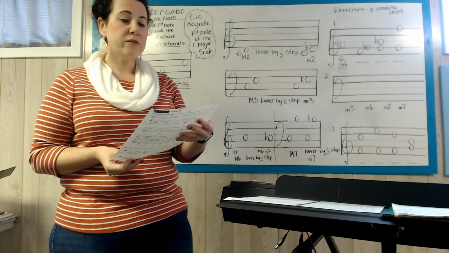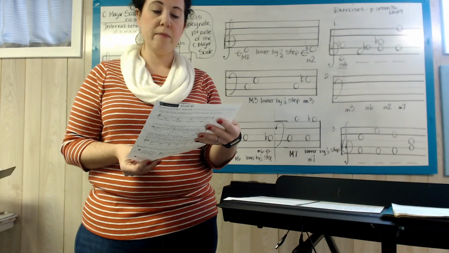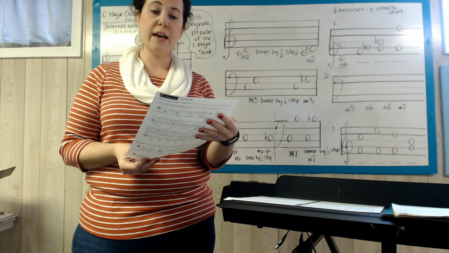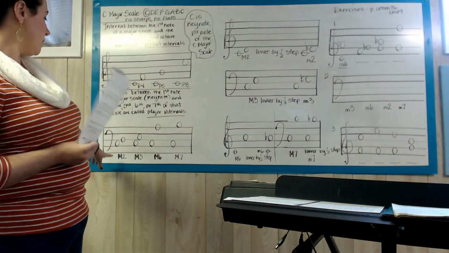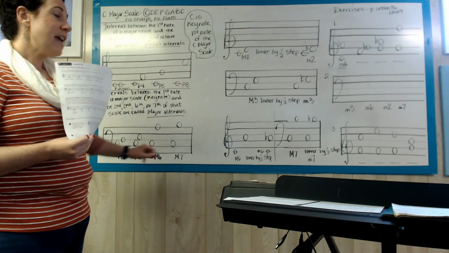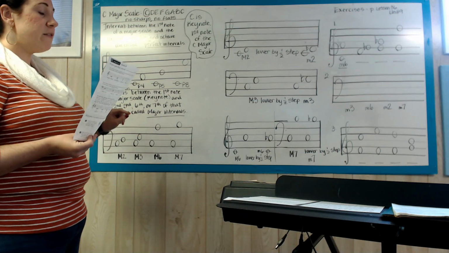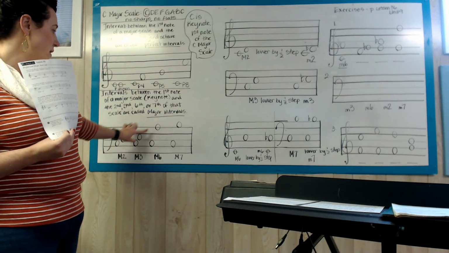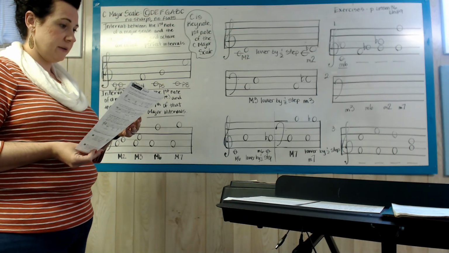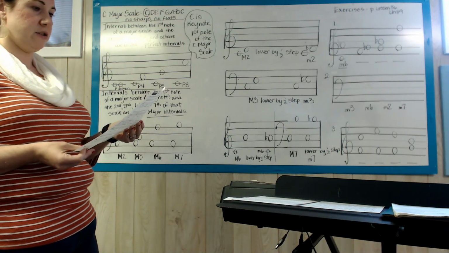When the interval between the two notes of a major interval, such as second, third, sixth, or seventh, so these intervals here that we just worked on, second, third, sixth, seventh, those majors, if one of these intervals is decreased by a half step, they become minor intervals.